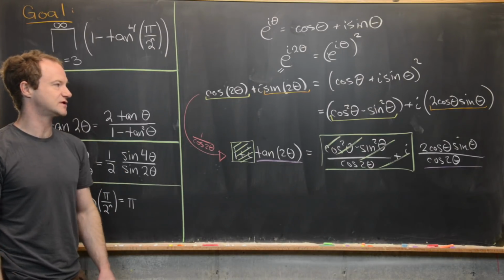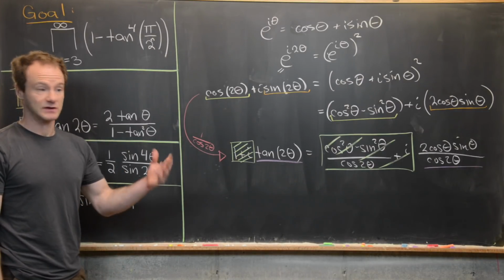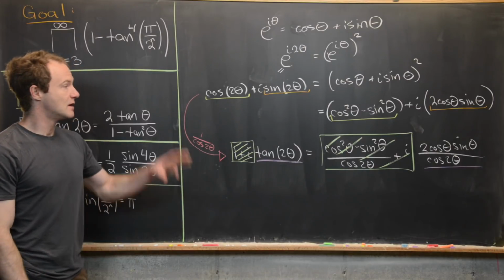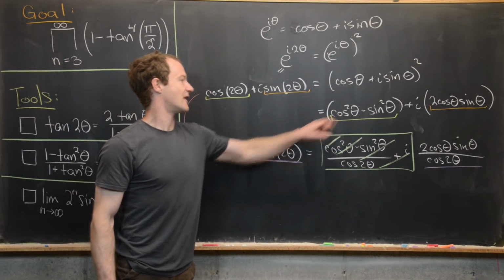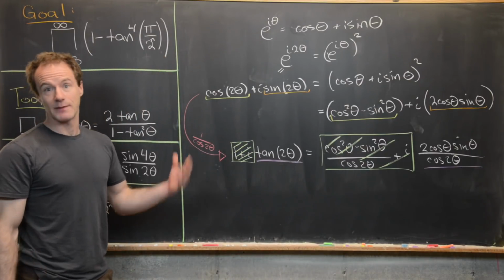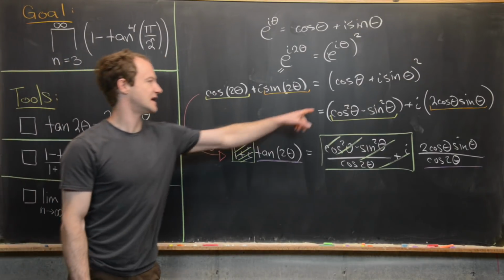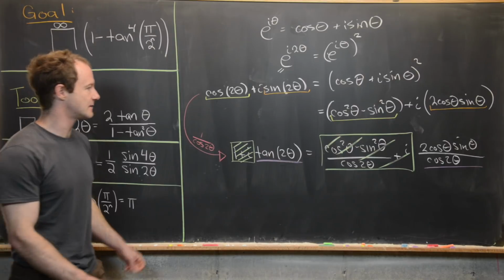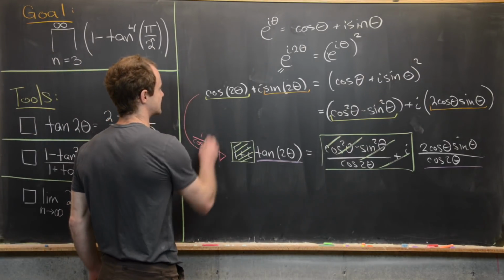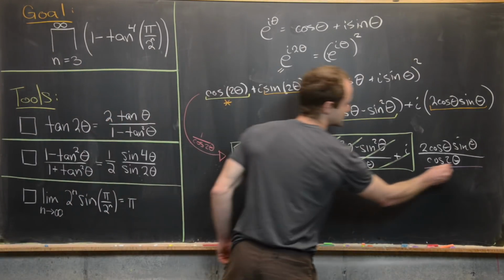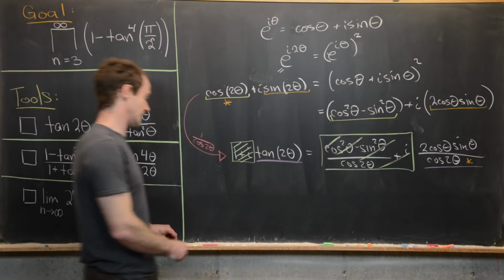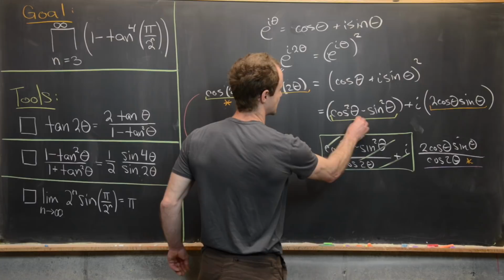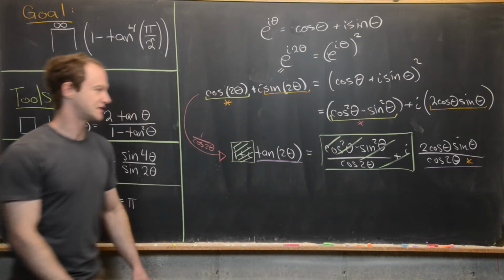But that right-hand side is not written in terms of just cosine theta and sine theta. We still have that cosine 2 theta built in there, and we want to get rid of that. But we can get rid of that by using this identity that we have from the last step in this problem, and that's cosine 2 theta is cosine squared minus sine squared. So we can insert this into this, using this cosine squared minus sine squared form.